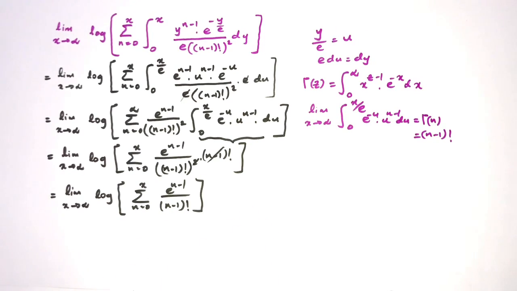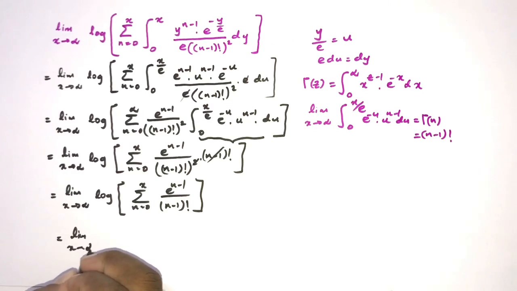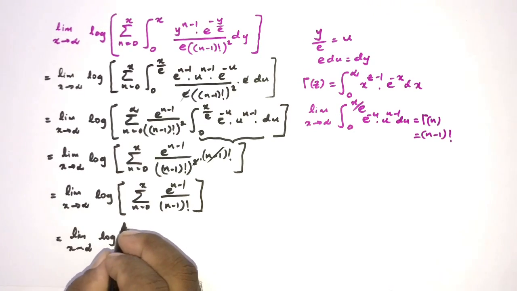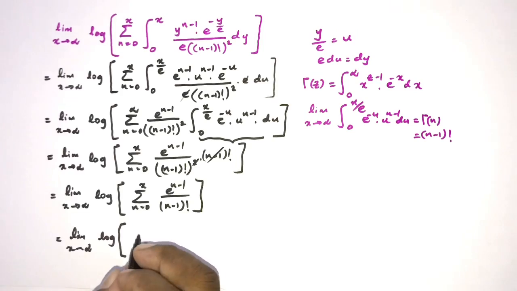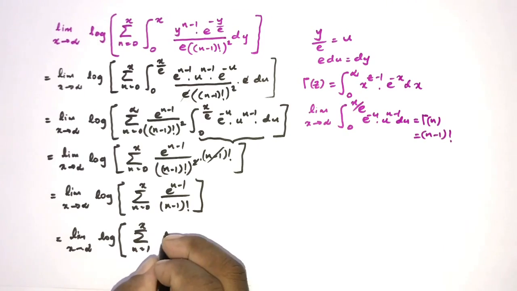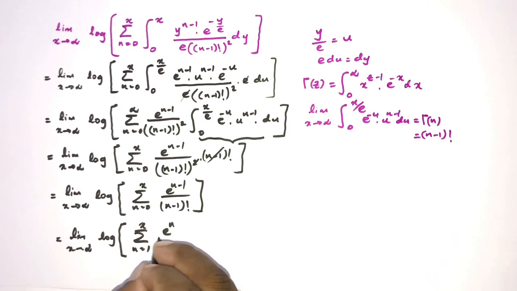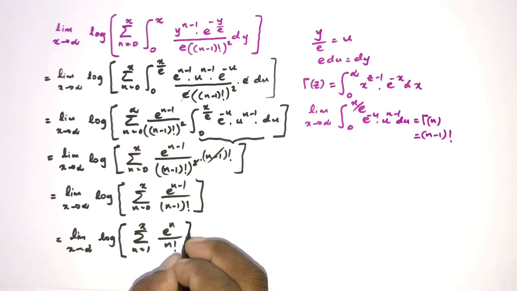Now we can shift the index, so I am going to reindex: n equals 1 to x of e to the n over n factorial.